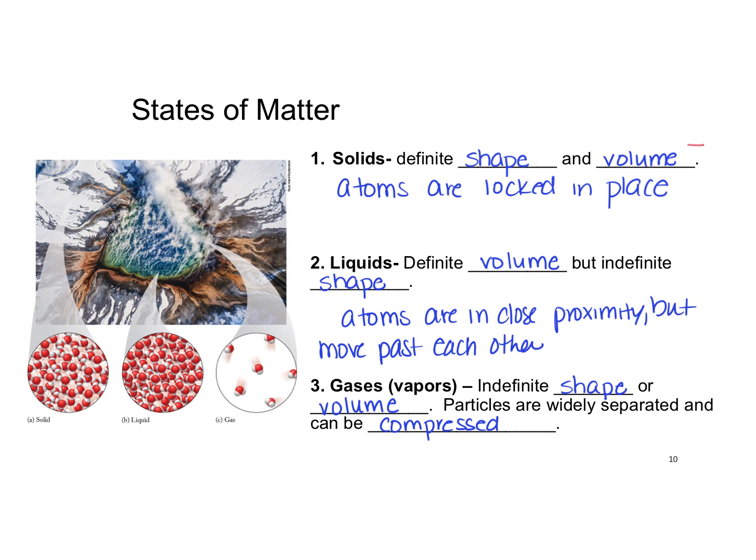We then can describe solids and liquids as incompressible, right? Because they have this definite volume, we cannot squeeze them together anymore. When we talk about the atoms in a gas, they are very, very far apart.